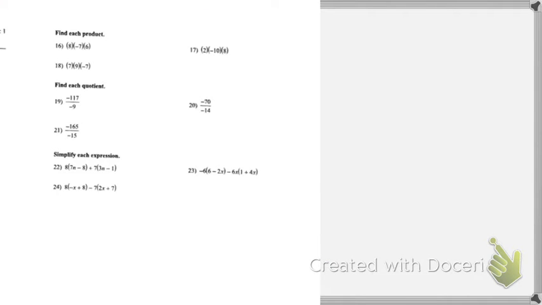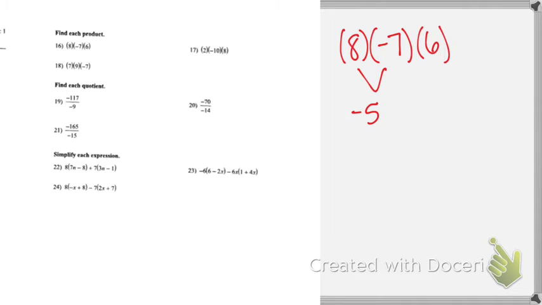All right, on number 16, 17, and 18, we are just finding the product, which means to multiply. So we have 8 and negative 7 and 6. So this makes a negative 56 times a positive 6, which gives me negative 336.